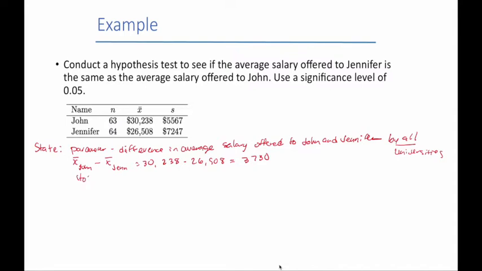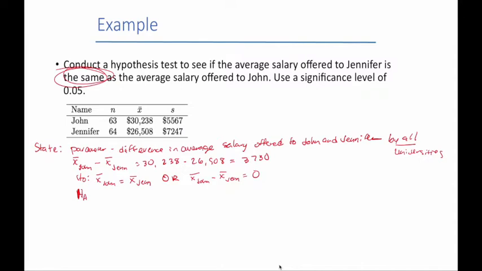Our null hypothesis is going to be that x bar John equals x bar Jen. Or you could say that x bar John minus x bar Jen equals 0. That also works. And then our alternative hypothesis, the question just says see if the average salary is the same.